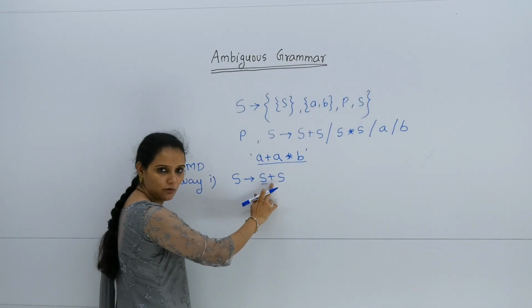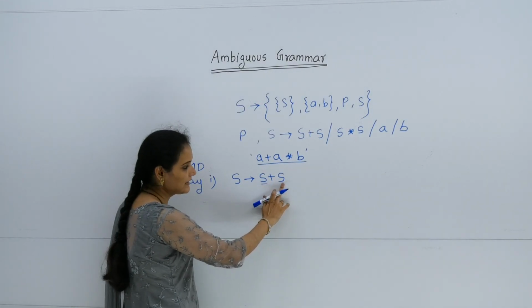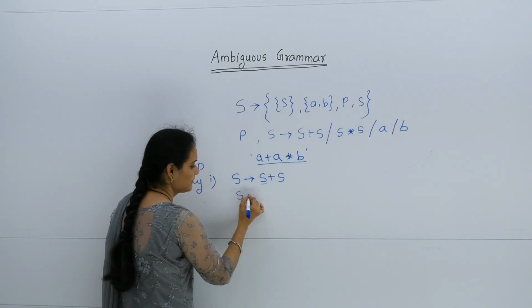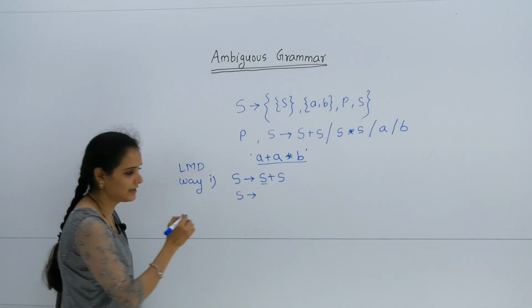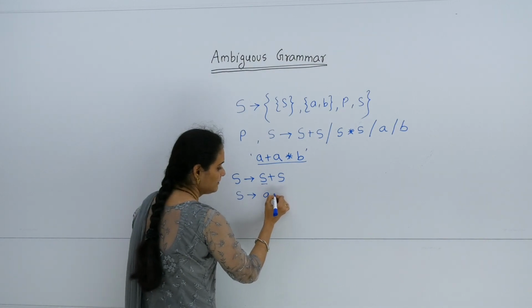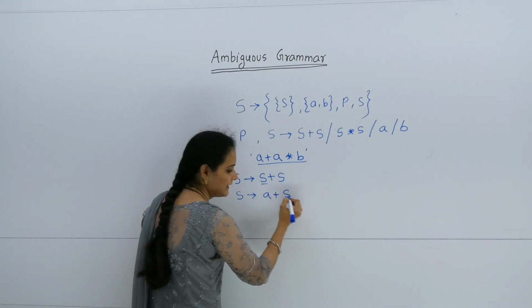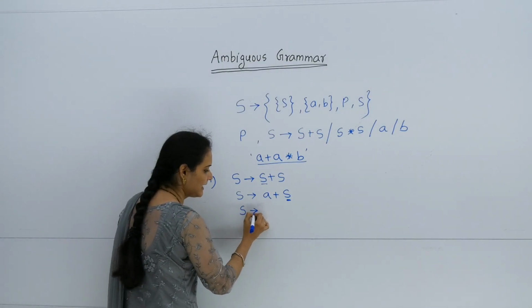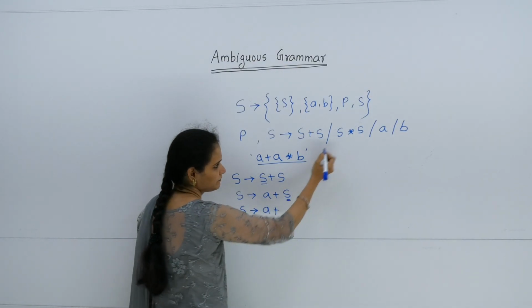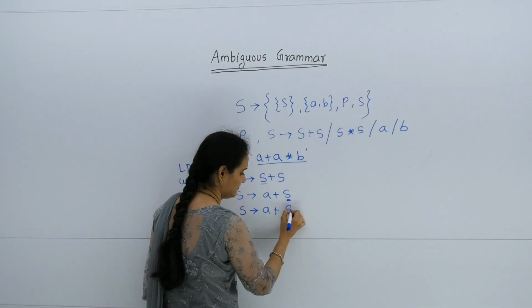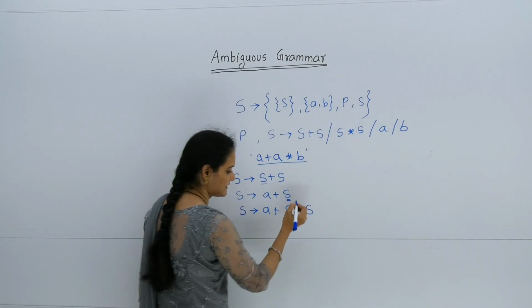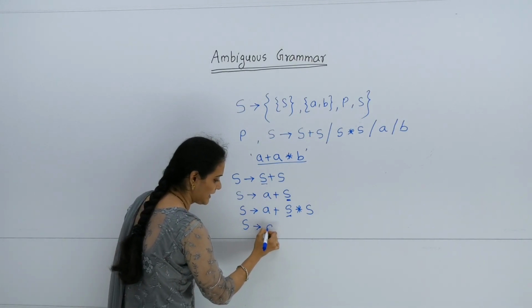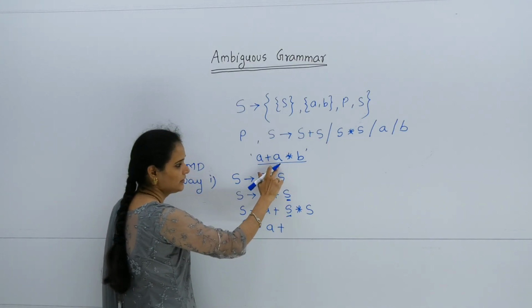So here the plus symbol we obtained, then S again can be replaced by S star S. So here see, by using leftmost derivation, here A plus S. Again only the leftmost non-terminal is remaining, and that can be replaced by S star S.